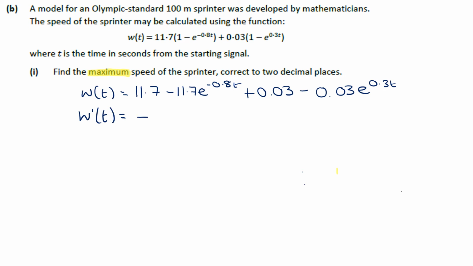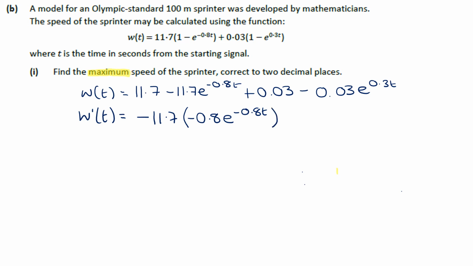So how this actually works is the minus 11.7 just sits there, and then we bring down, it looks like in the formula it's the coefficient, it's actually the derivative of the power. Now if the power has just a t or just an x, then yeah, the derivative and the coefficient are the same thing, but you'd have to be careful in case that was a t squared.